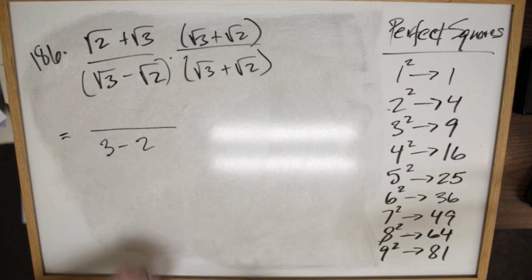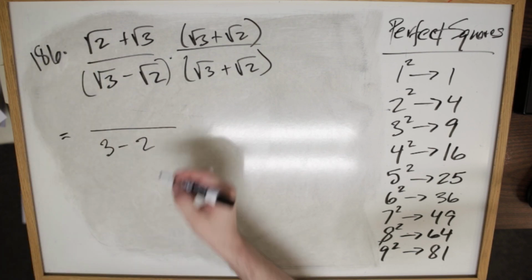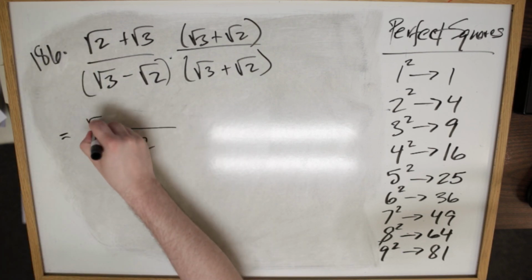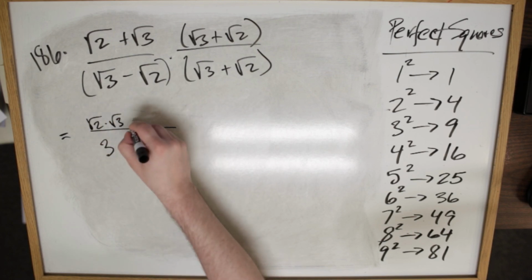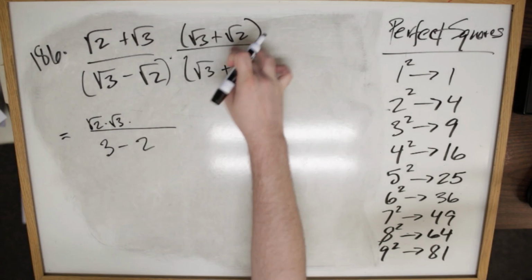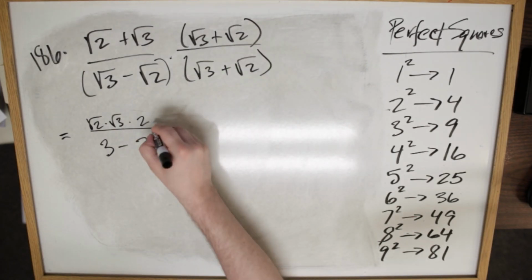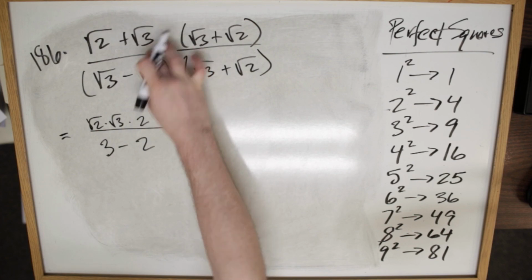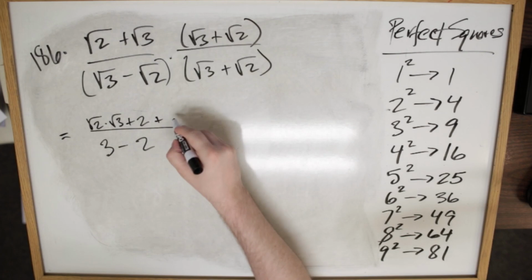Now we have to FOIL the top. So let's do first. This is going to be root 2 times root 3. Outside is going to be root 2 times root 2, which is just 2. Inside, root 3 times root 3 is going to be 3.